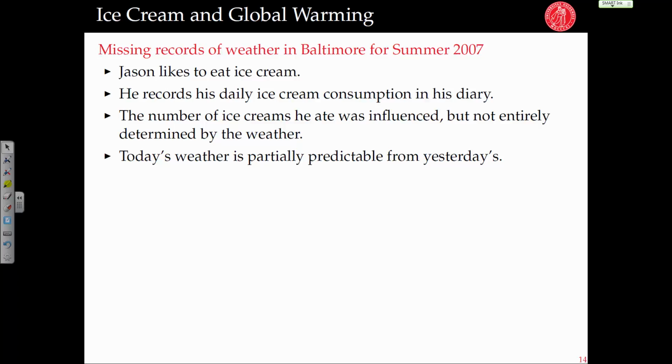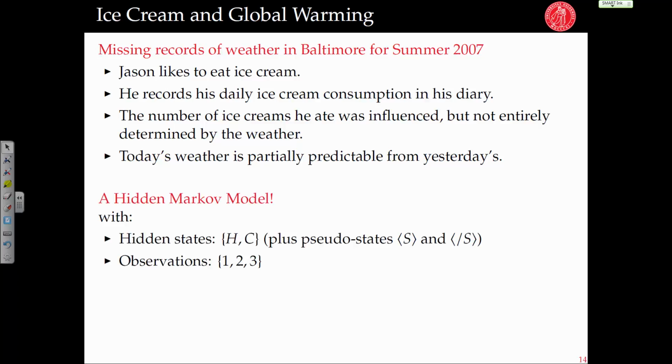So this setup fits a sequence labeling situation, and what we are interested in is to recover the weather measurement in this time, which is the summer of 2007. So we have a sequence of observable data, which is the number of ice creams Jason ate, and we want to predict the hidden state sequence, which is whether the day was hot or cold.